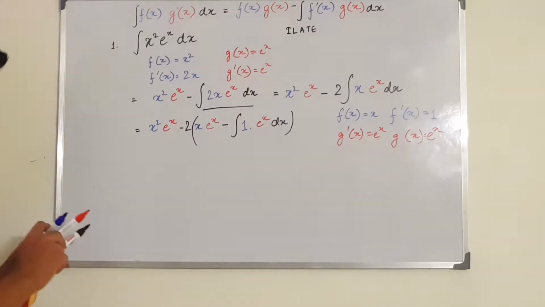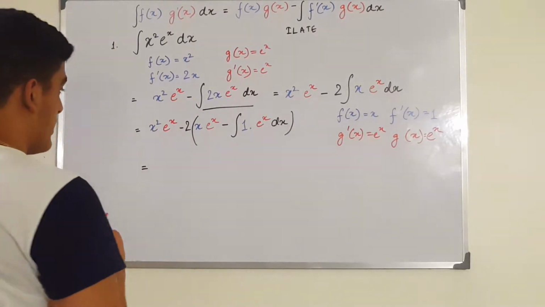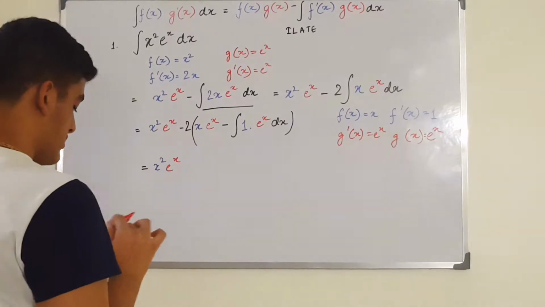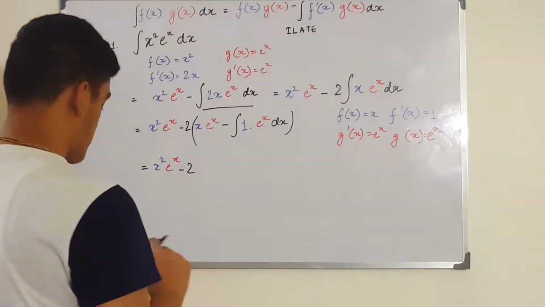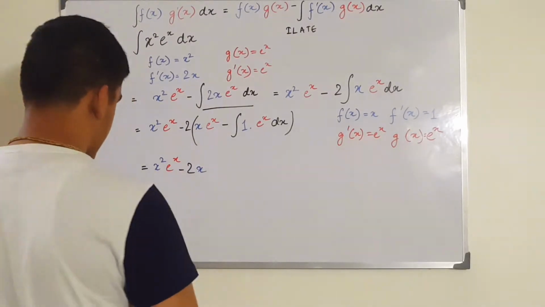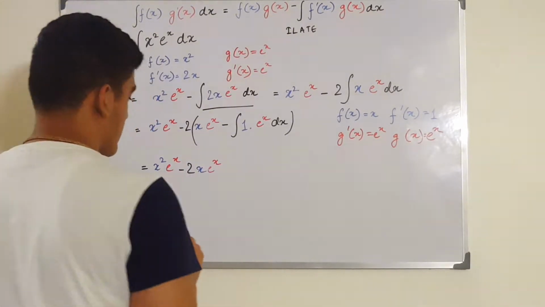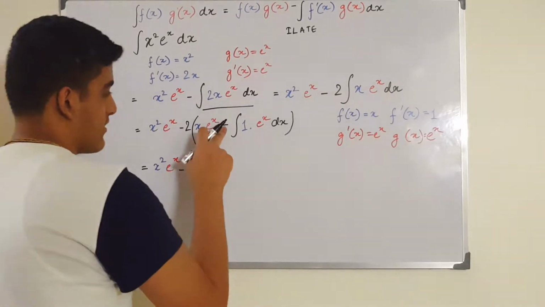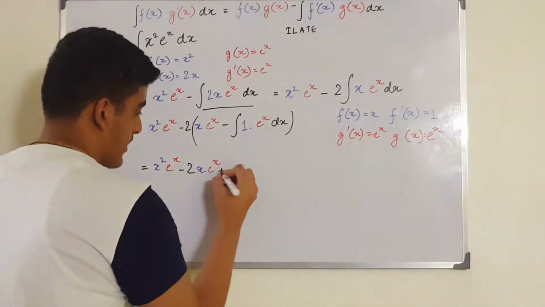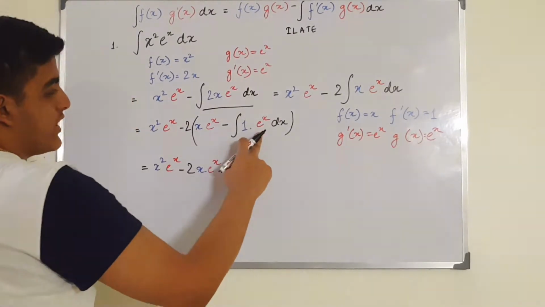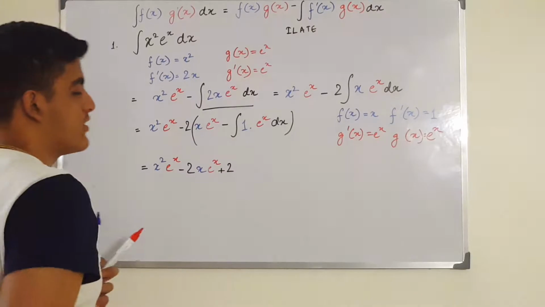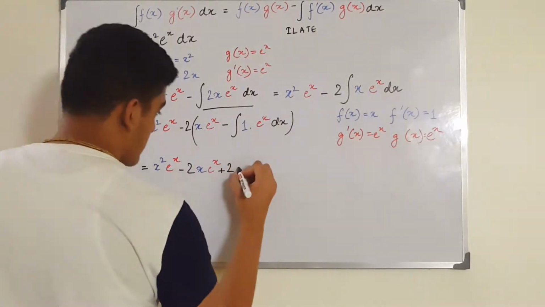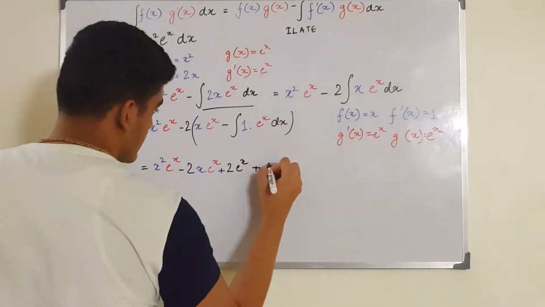So what we have at hand here is x squared e to the power x minus 2 x e to the power x minus, and since it's like minus multiplied with minus, so it's going to be plus 2 into the integration of e to the power x, since it's multiplied with 1, so the integration of e to the power x, which is e to the power x itself, plus c.